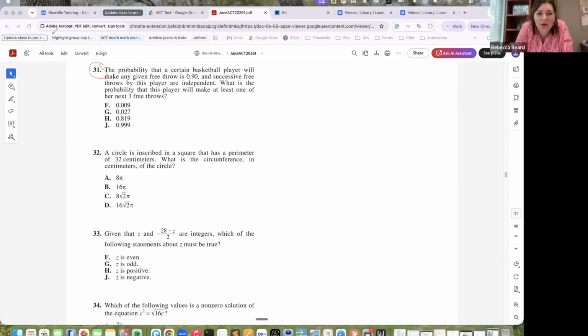So in number 31, the probability that a certain basketball player will make any given free throw is 0.9, and successive free throws by this player are independent. What is the probability that this player will make at least one of her next 3 free throws? So on this problem, you've got to define a couple of terms.